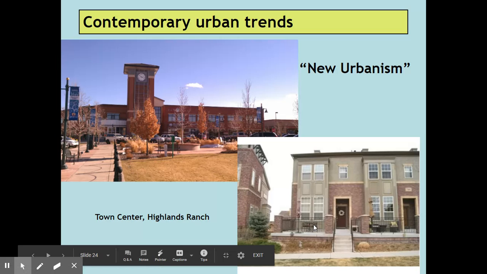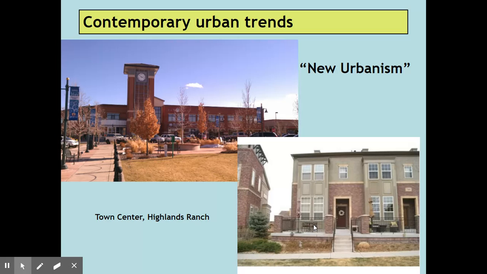So Highlands Ranch is an example of new urbanism. It's also called gentrification, as in the gentry have provided money and helped kind of bump up with their cash these places to make them more viable and more attractive to move back in.